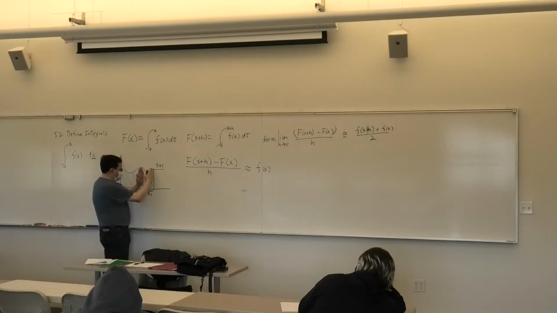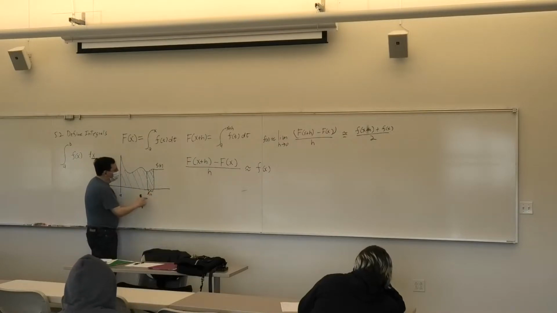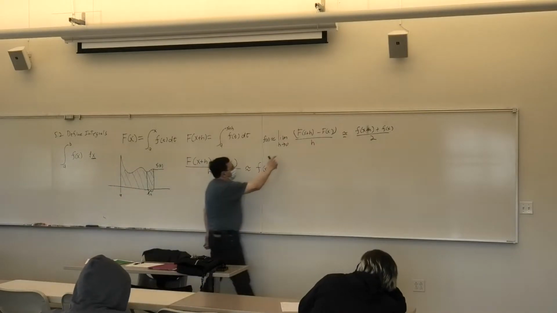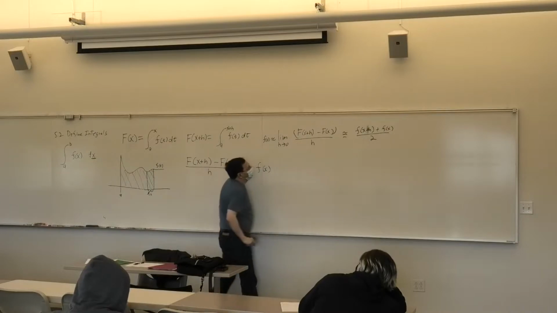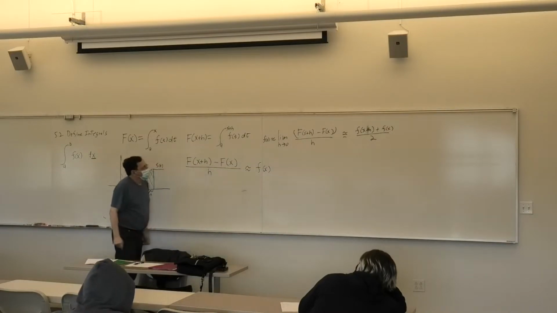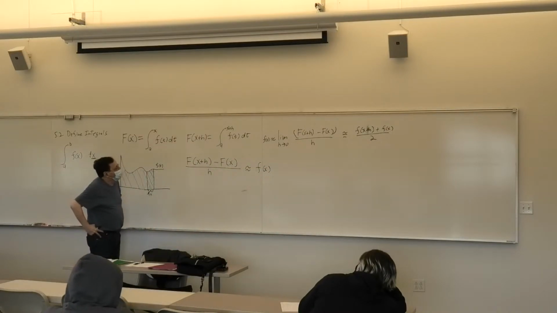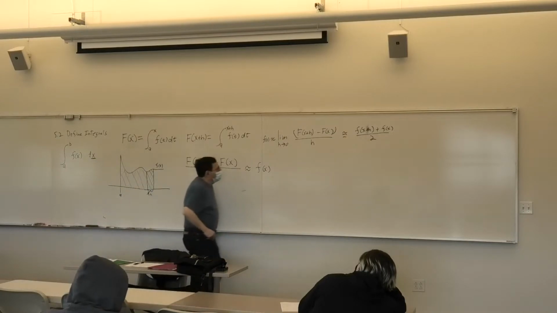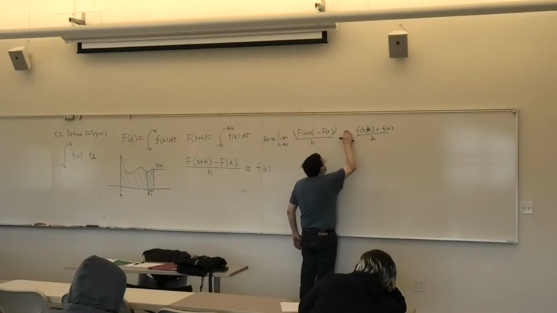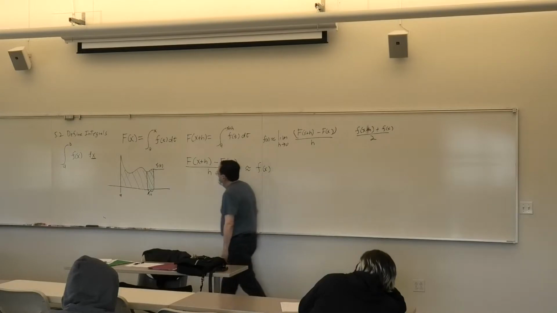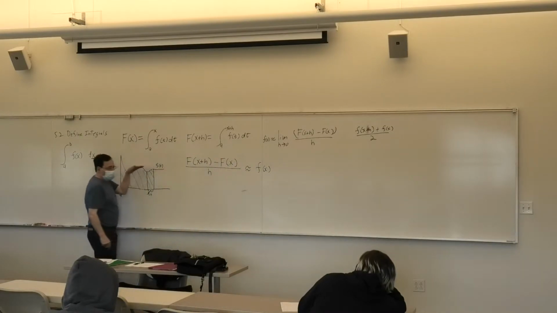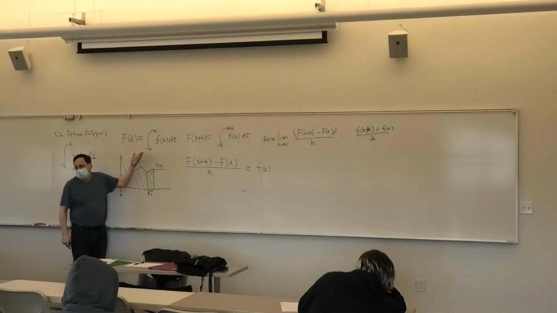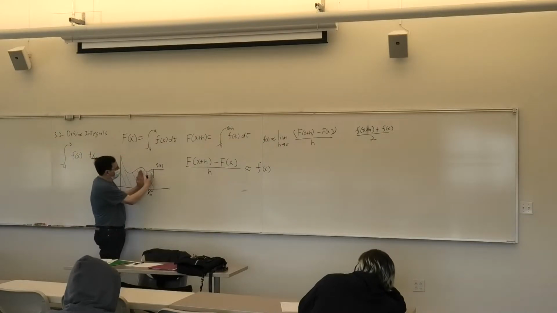So if we add those 2 values and divide by 2, that's what this is approximating. Is that just like the average of the values? Yeah. If this was a constant function, then it would absolutely be the average. So this is just, again, an approximation.